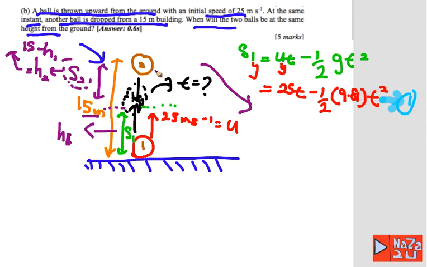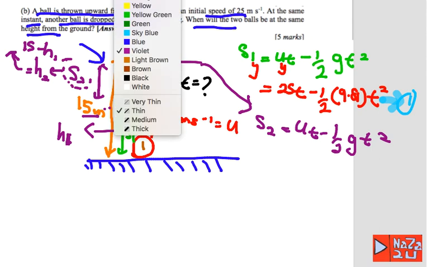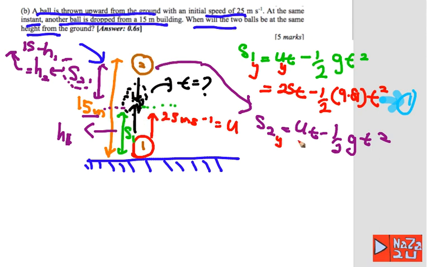So for the second ball, we also have S2 equal to ut minus half gt squared. All the items here are on the vertical axis, so we have y. But S2 is directed downward, so you must use a negative.